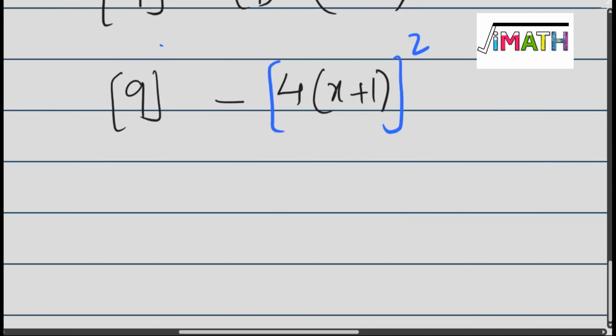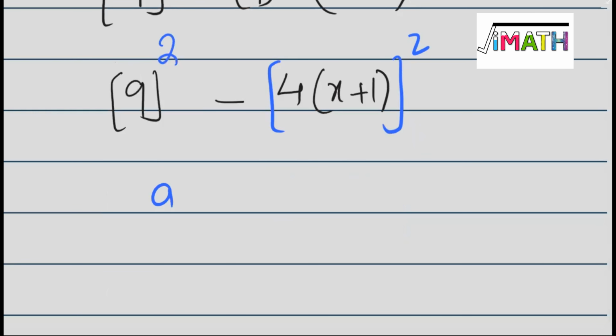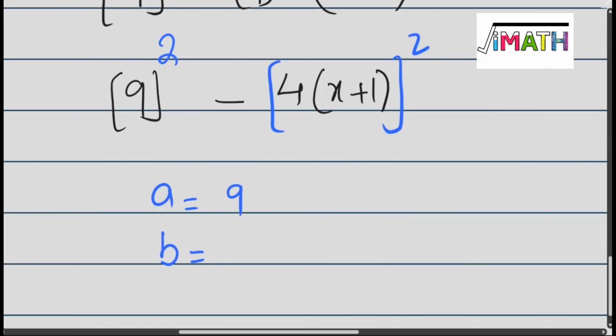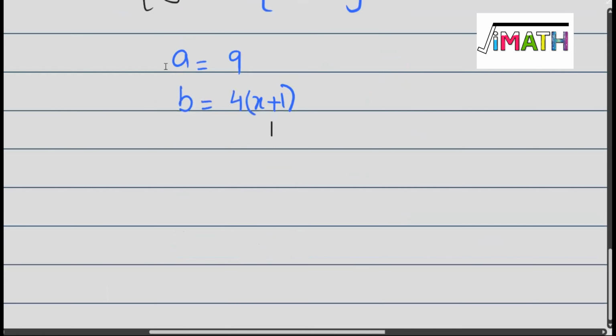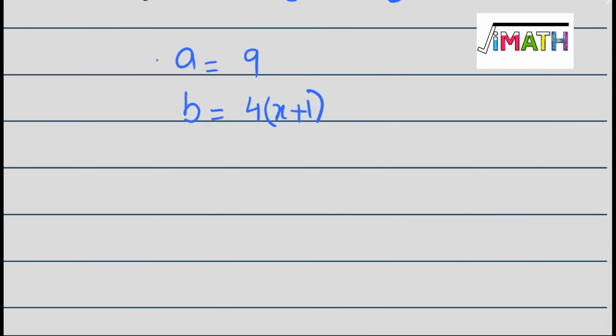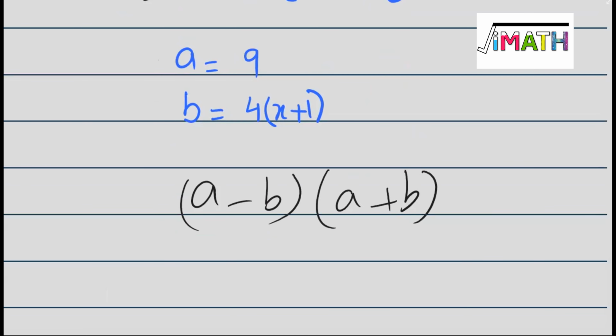So what is a? A is 9. And b is 4 times (x plus 1). So if we have the a and b values, and you write the formula, that is (a minus b)(a plus b), just insert these values.